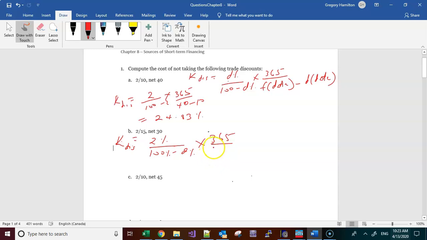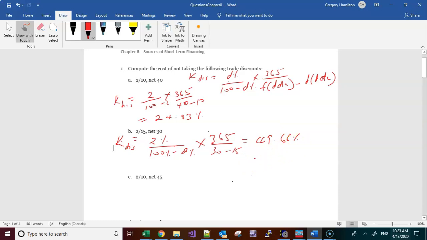My final date here would be 30, and my discount date would be 15. And this would give me 49.66%, a very expensive loan.